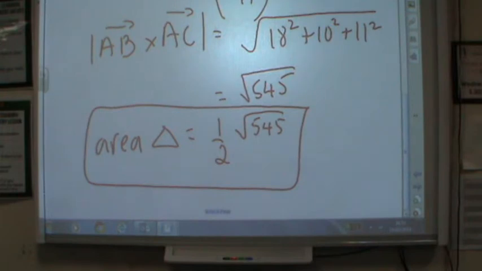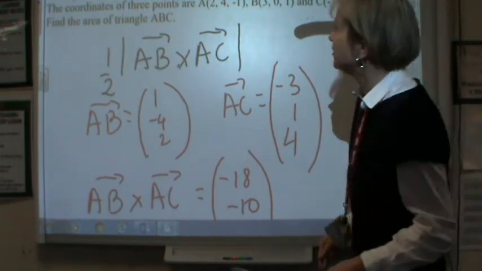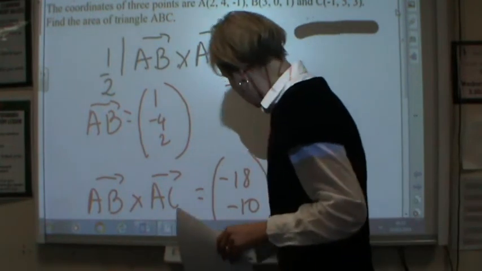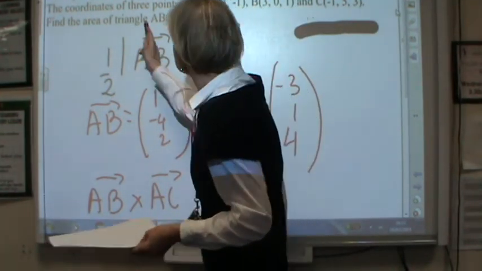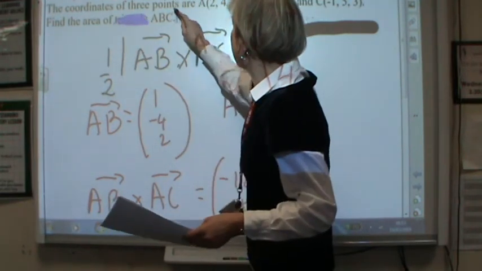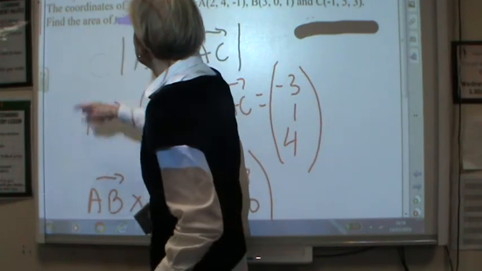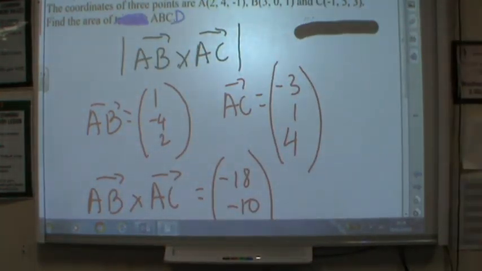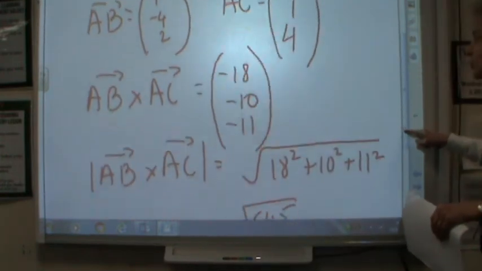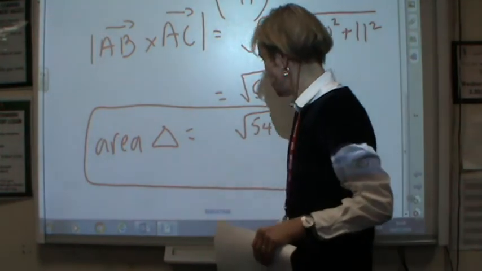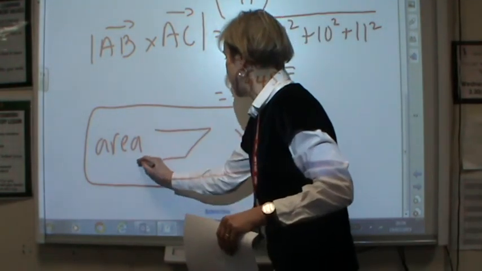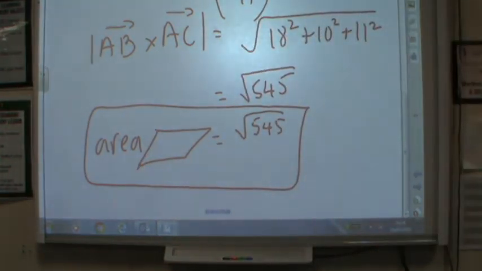If the question had been worded differently and had asked us to find the area of a parallelogram, so if I changed the question and said the coordinates of 3 points on a parallelogram, and we didn't know the 4th point, find the area of your parallelogram, you would do exactly the same, but you would think that the parallelogram, because of your line of symmetry, is simply double the area of the triangle, so you get rid of the half. So that's all I would do, and at the very end, the area of my parallelogram is the square root of 545.